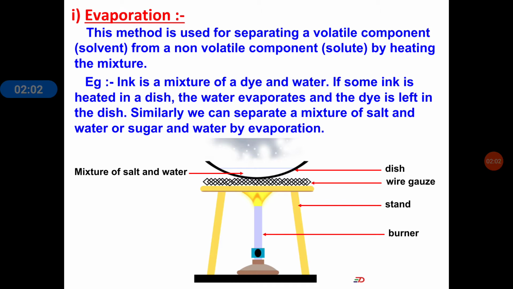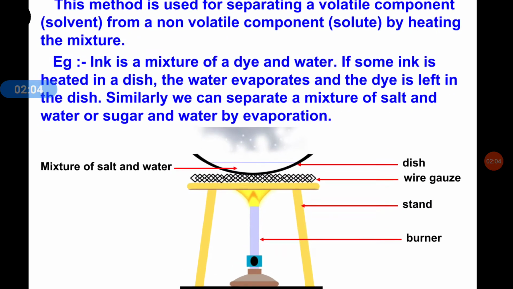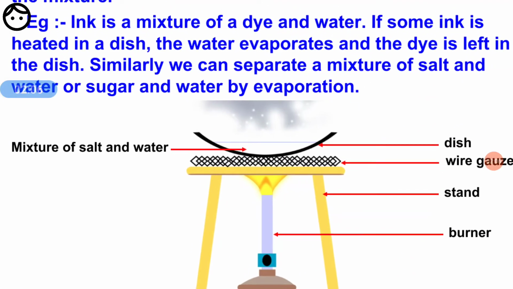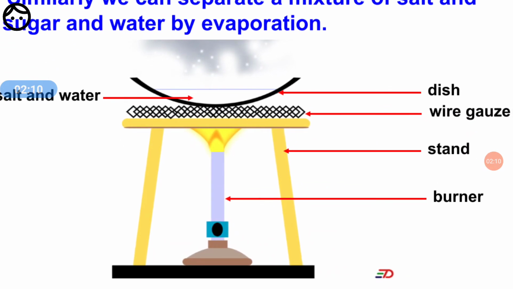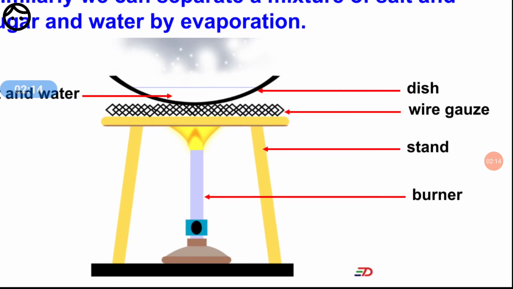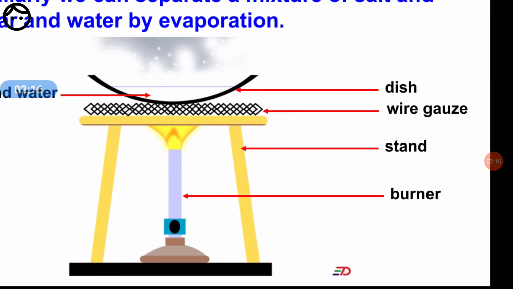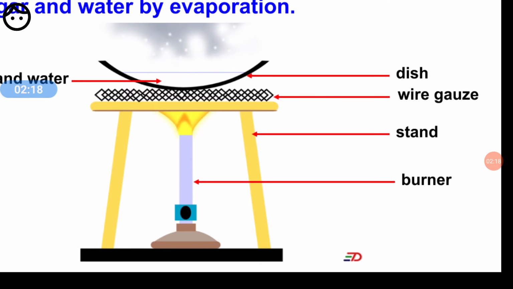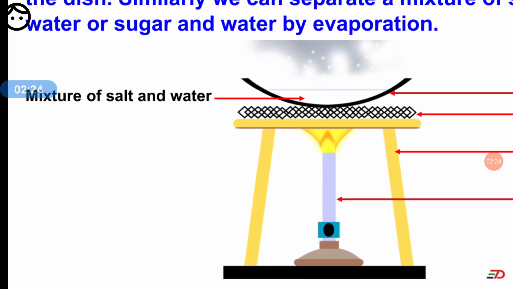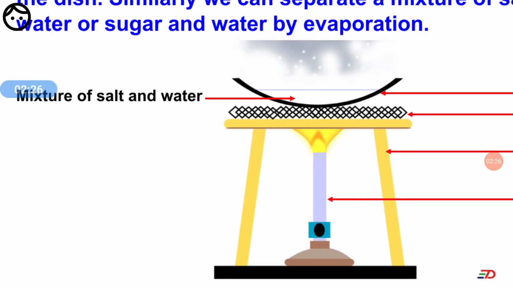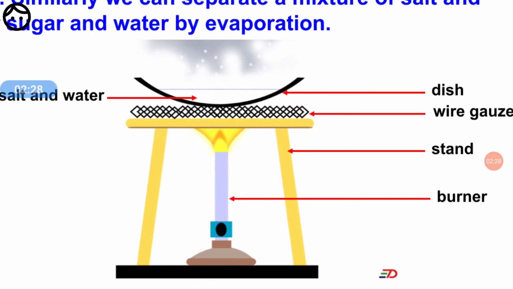Now see here, one experiment is given to you. You have to take a china dish. The china dish is kept over a wire gauze, and the wire gauze and china dish are kept over a stand. Below the stand a burner is kept, and in the china dish you keep the mixture of salt and water.